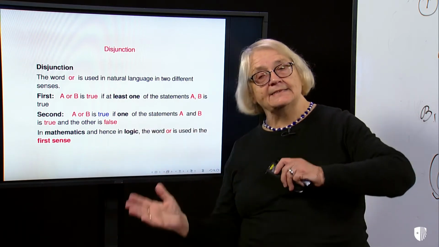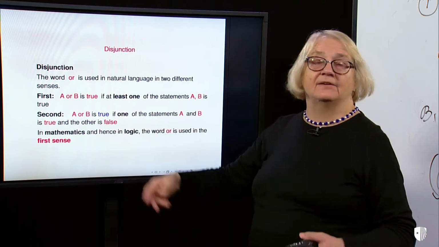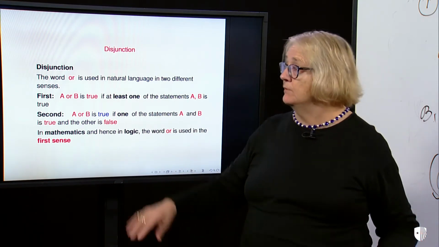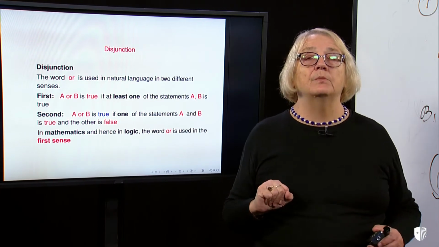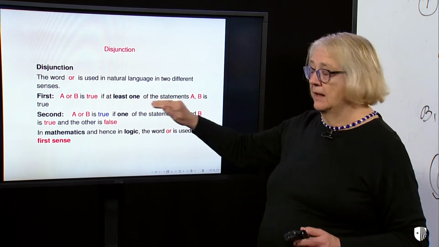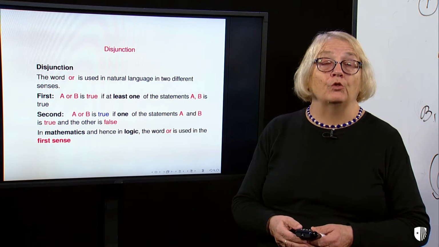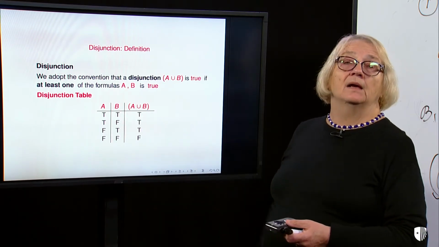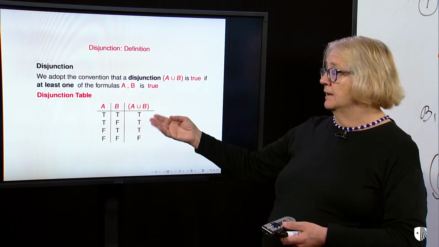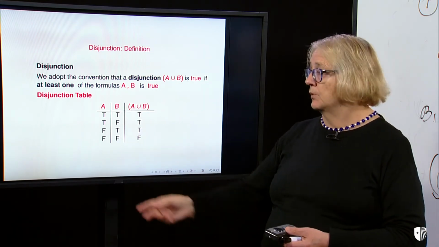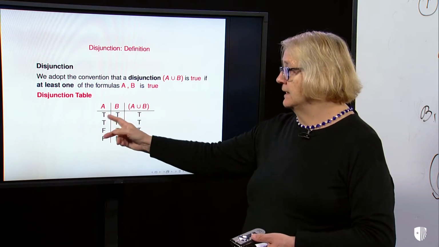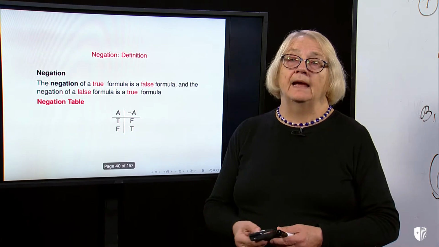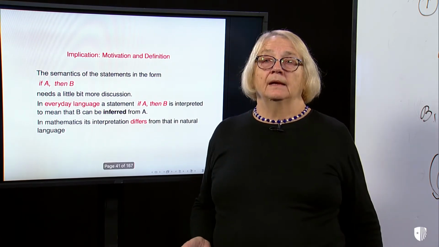So it's like this or that, a different meaning which we often use in natural language. In our symbolic logic, we use the word or in the first sense, and that's why we adopt that disjunction table: you can see that only F or F is false. And negation is obvious.